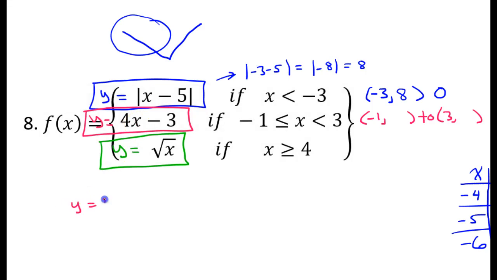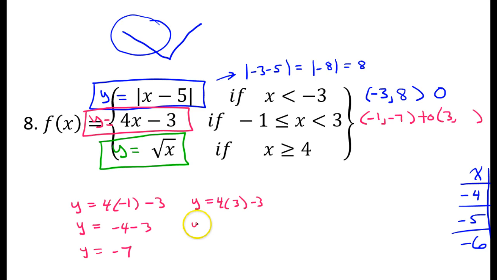So y equals 4 times -1 minus 3. That's going to be y equals -4 minus 3, so y is equal to -7. Now let's do the same thing with 3. So y is equal to 4 times 3 minus 3. So y is equal to 12 minus 3, so y is equal to 9.